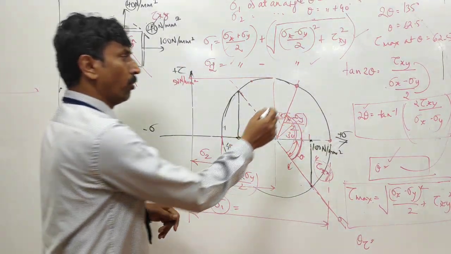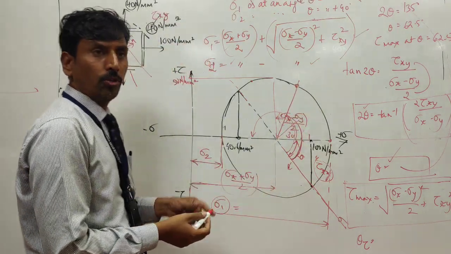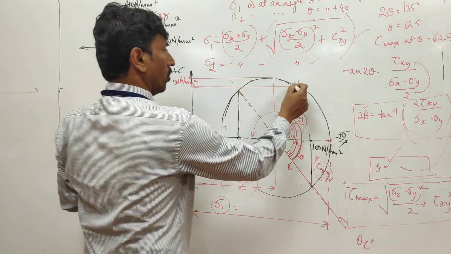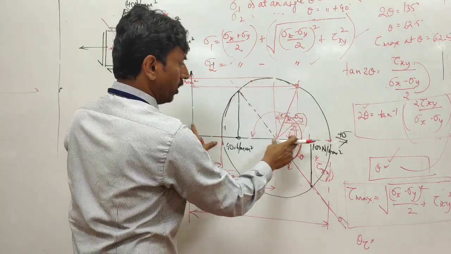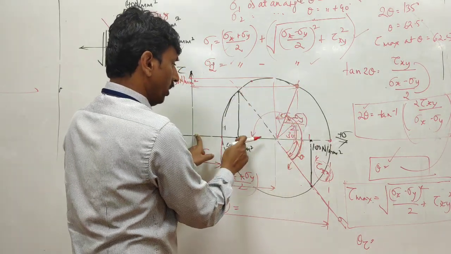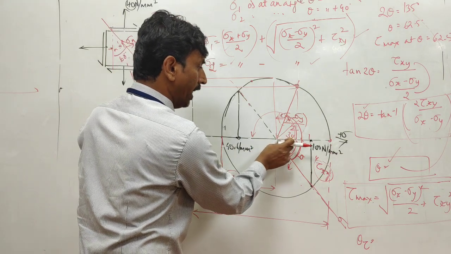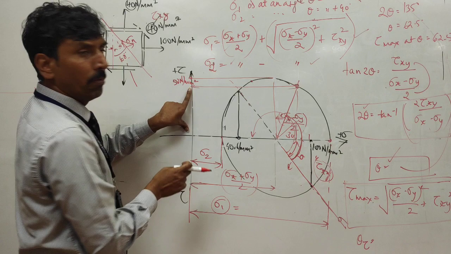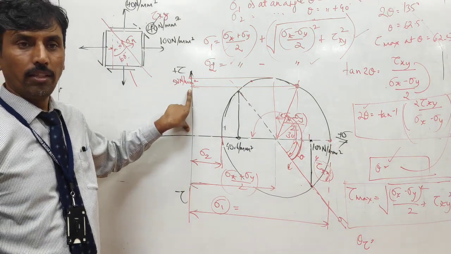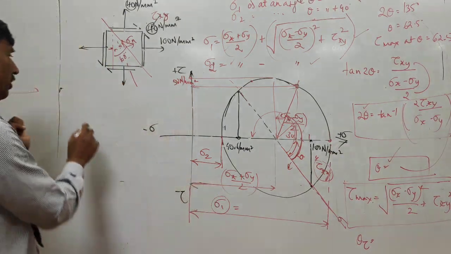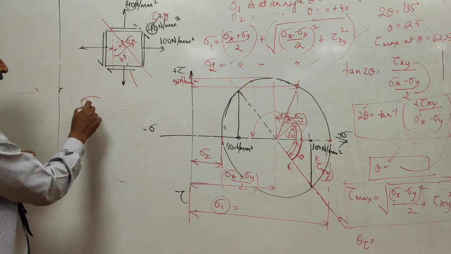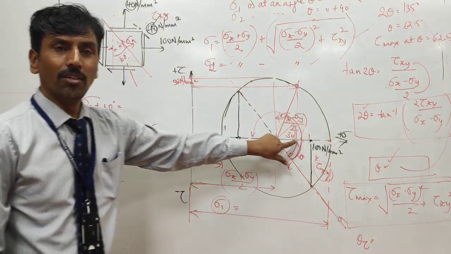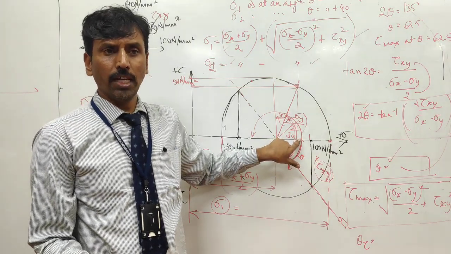So once you have got this point, what you should do? Then measure this horizontal distance. Horizontal distance can be measured in the graph here, because this will be 70, 80, 85 or something, and vertically this will be less than 50. So you can say that sigma at 60 degrees is somewhere around 85 Newton per mm square.